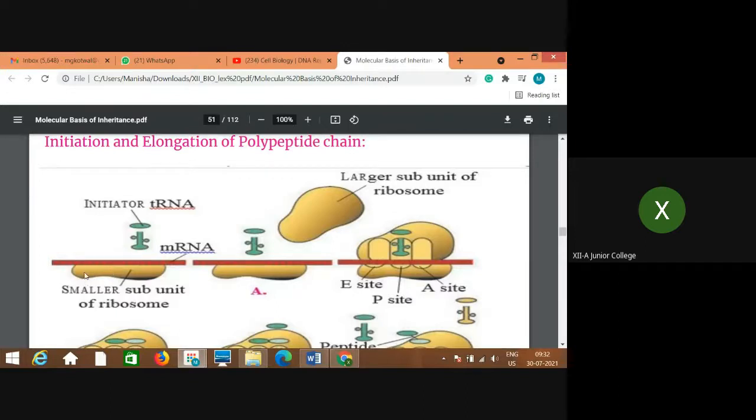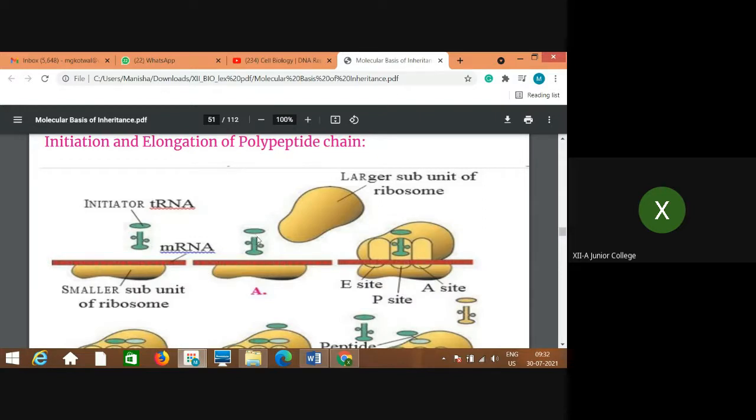So here the smaller subunit first gets attached to the mRNA, then the tRNA with complementary nitrogen bases on the anticodon loop comes in contact with the first codon on the mRNA, and see it is coming in this step. This is the smaller subunit, this is the mRNA.